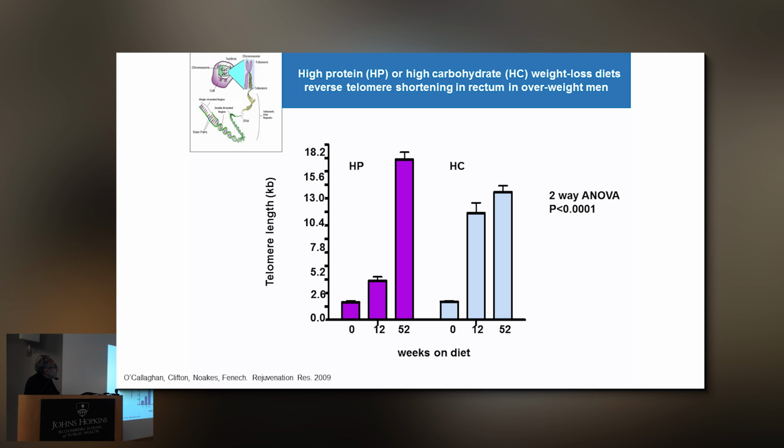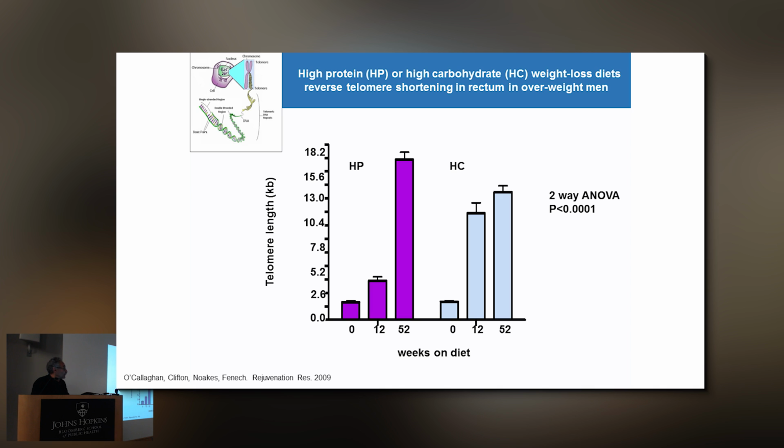There are some intervention studies. This is one we did ourselves in overweight, obese men who were either on a high protein or a high carbohydrate weight loss diet. These men were absolute heroes because our physician researcher managed to convince them to donate rectal biopsies 3 times, mid-rectal biopsies.